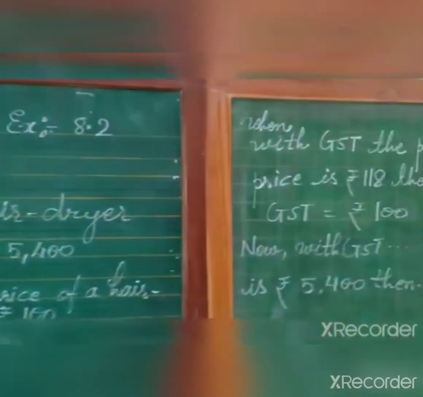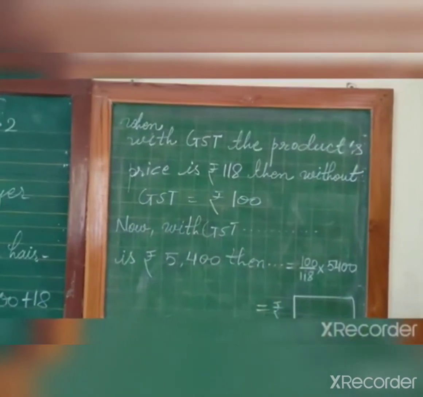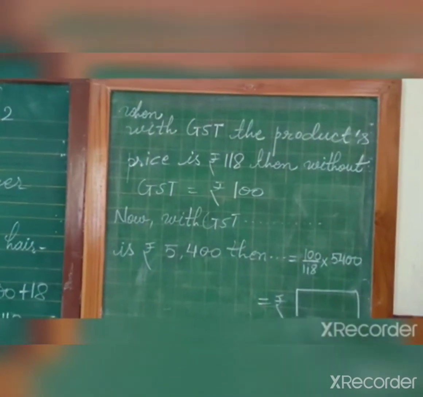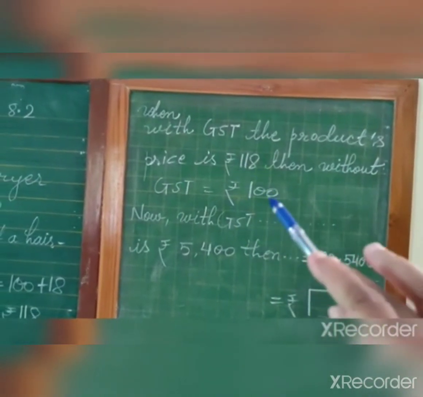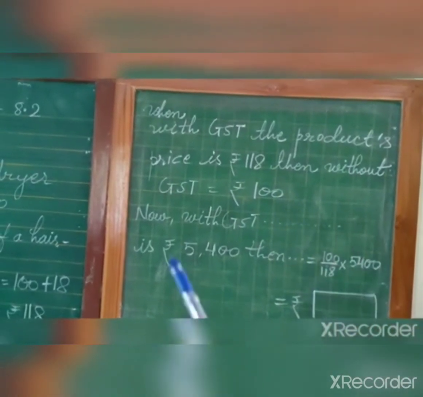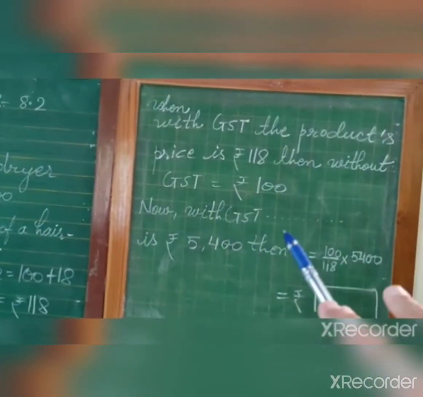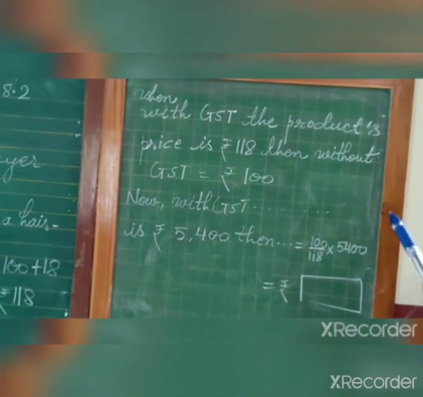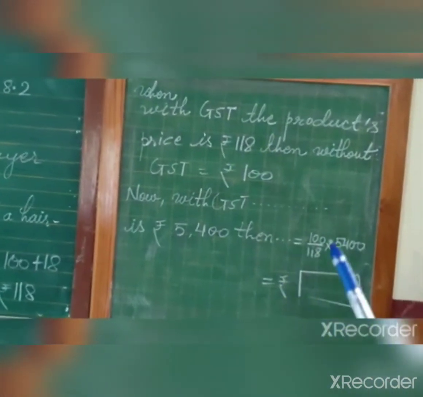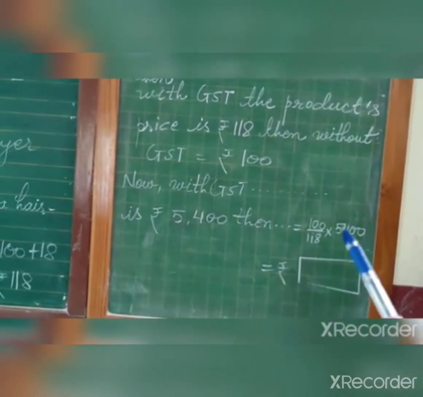Then what you will write? When with GST the product's price is rupees 118, then without GST the product price is equal to rupees 100. Same you will write now, with GST the product's price is rupees 5,400, then without GST the hair dryer's price is equal to 100 upon 118 into 5,400.